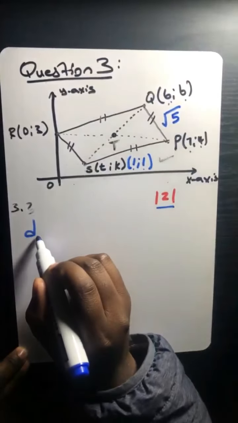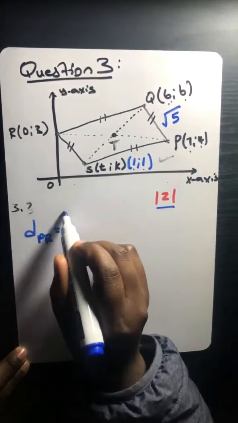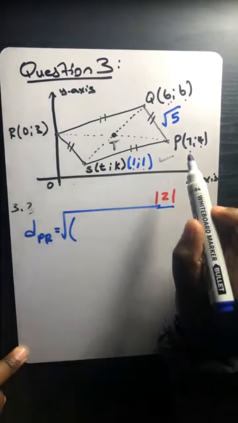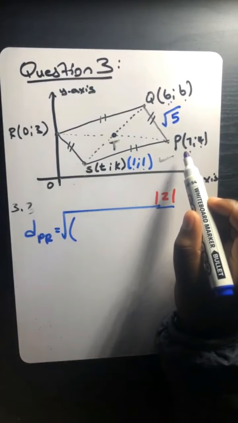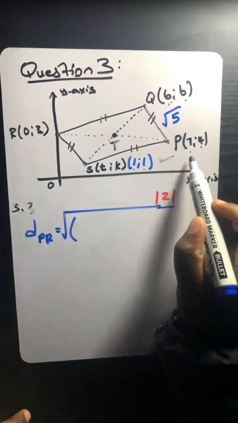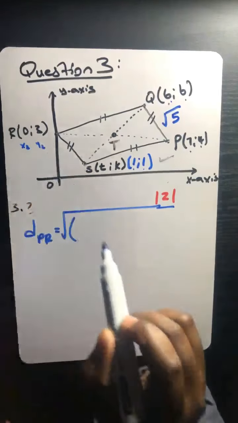So we are going to have the distance of PR, which is going to be equal to, I'm just going to be substituting. Which letter comes first? On the question, they said PR. So R is my X2, Y2 there.